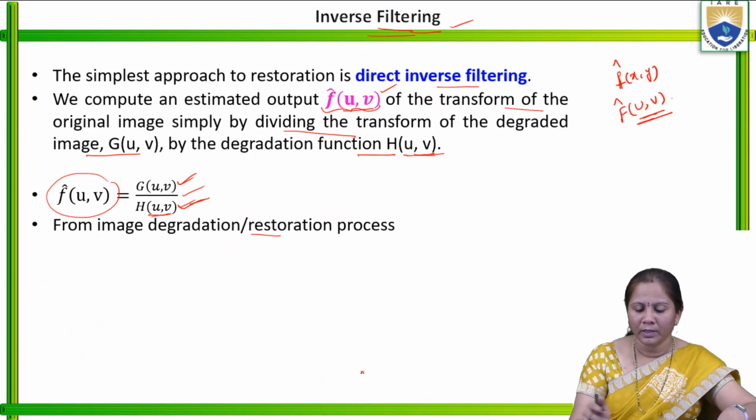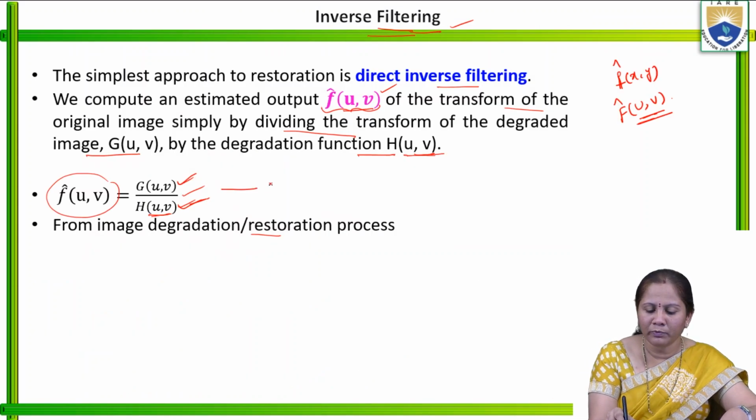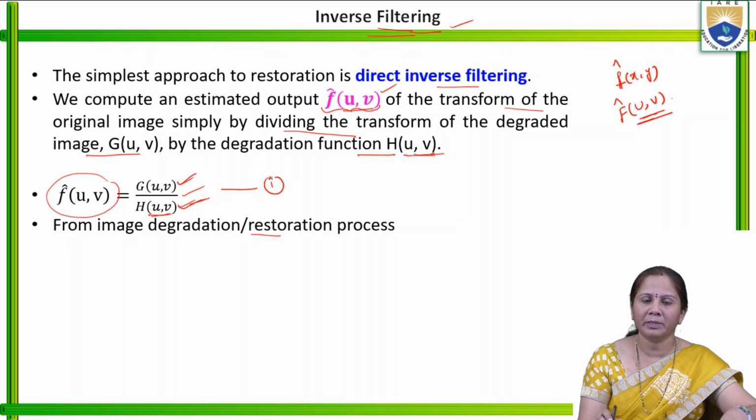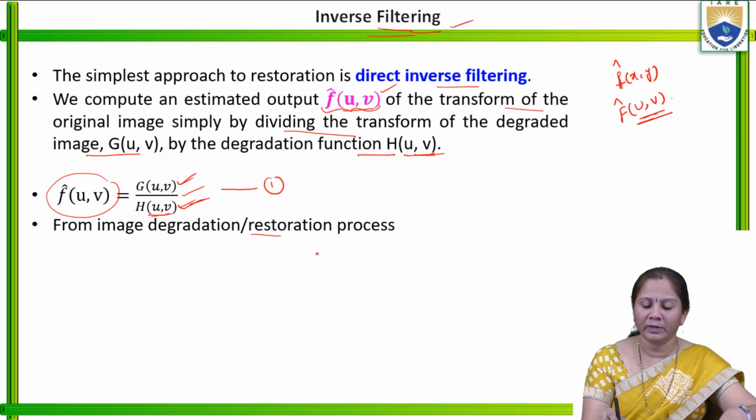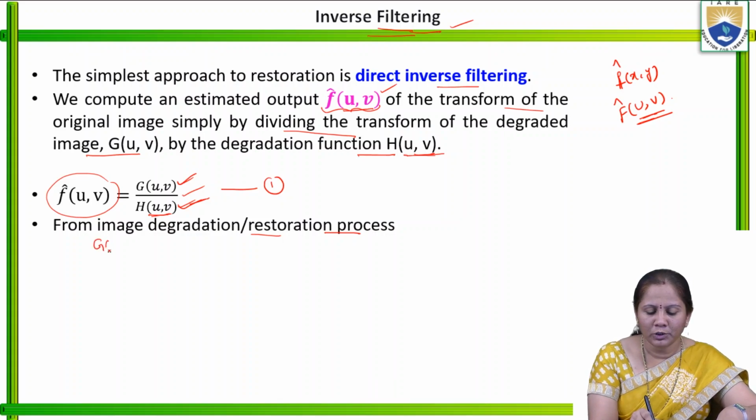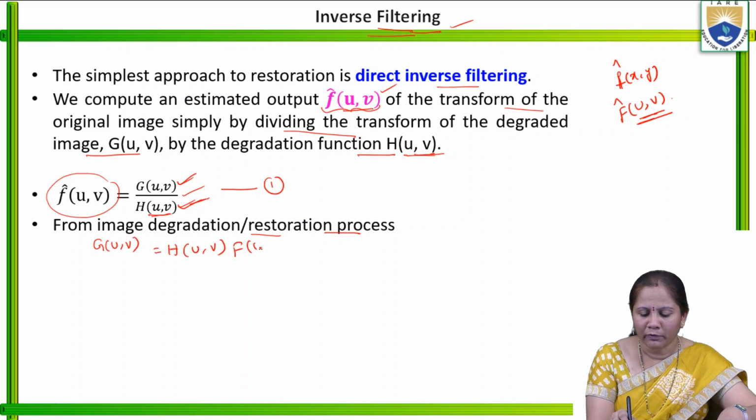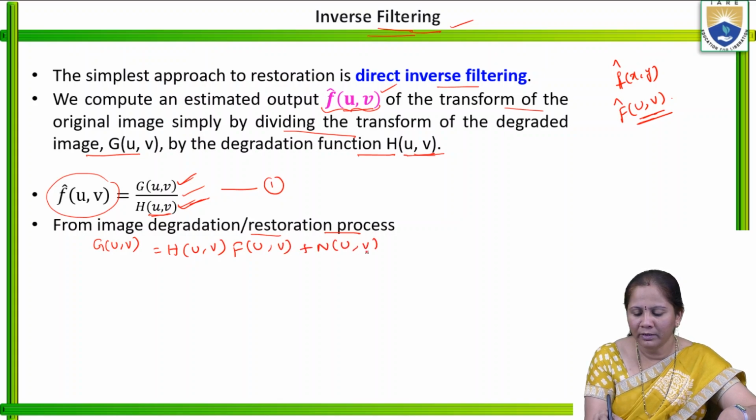Let us consider this F cap of u comma v is G of u comma v by H of u comma v, equation 1. Considering the equation we wrote for the image degradation and restoration process, G of u comma v is equal to H of u comma v into F of u comma v plus N of u comma v.